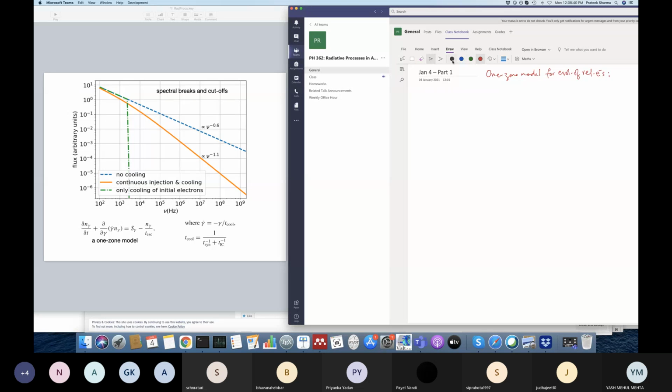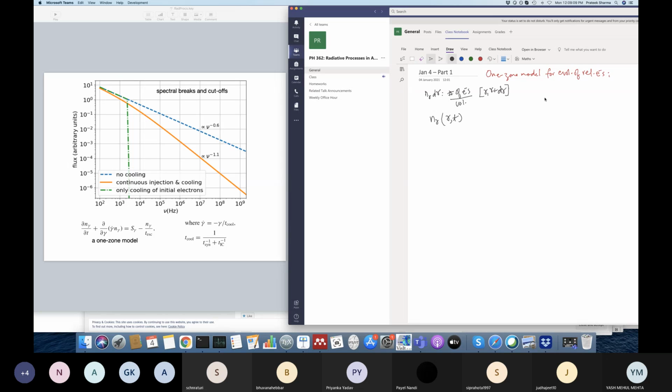Okay, so you have this n_γ dγ, the number of electrons per unit volume with their relativistic gammas in this range. Right, so this is sort of like a Boltzmann equation. So n_γ, which is a function of γ and t.